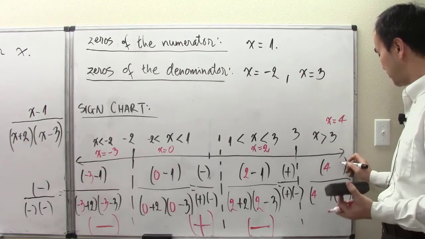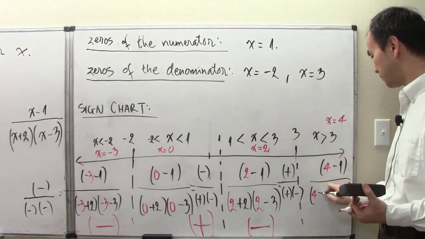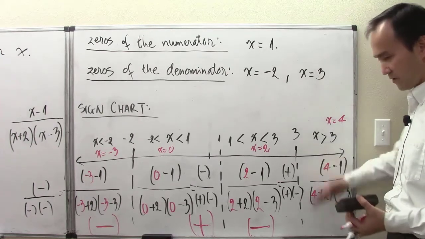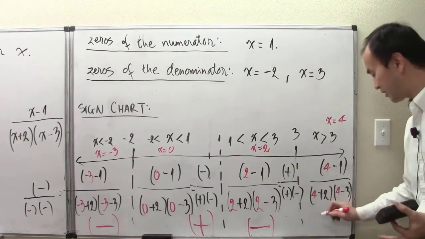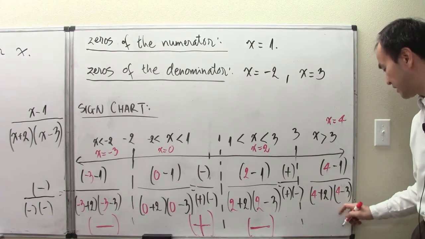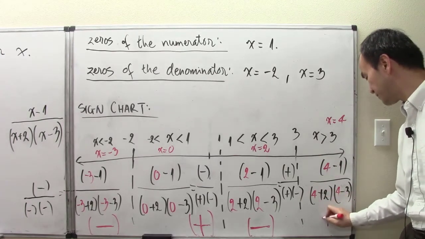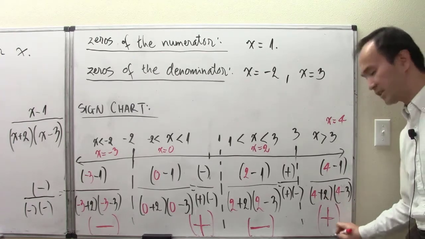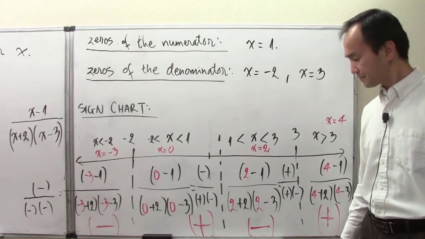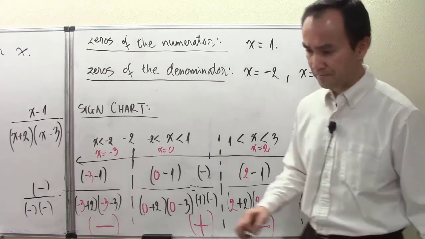So this is 4 minus 1 here, 4 plus 2 here, and 4 minus 3 here. And you have seen that enough, so I'm going to get directly into the final sign calculated here. That's going to give me an overall sign being positive. That's why I wrote it in red ink. All right, positive.